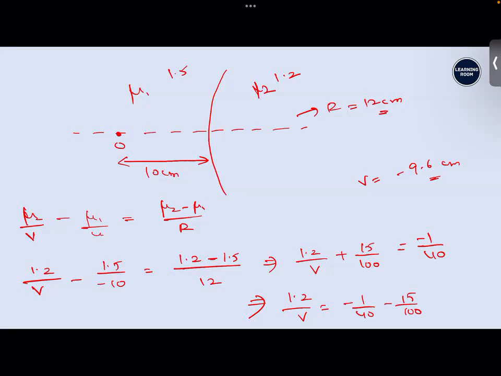It is almost close, because the object distance is 10 and the image distance is minus 9.6. So the distance between them is just 0.4.